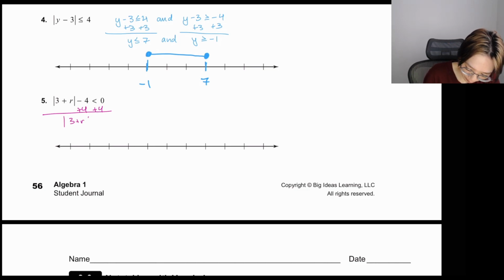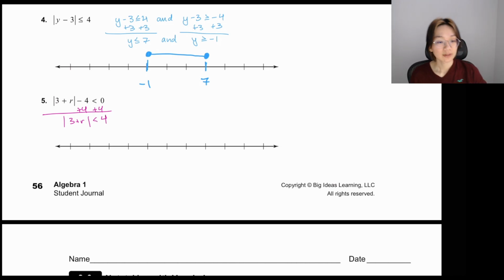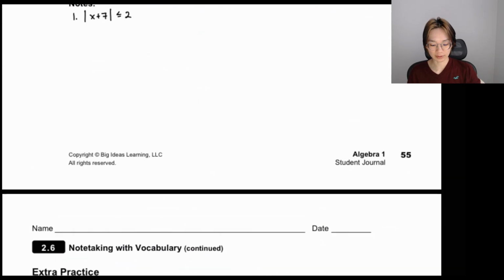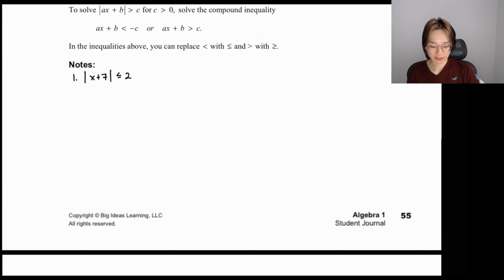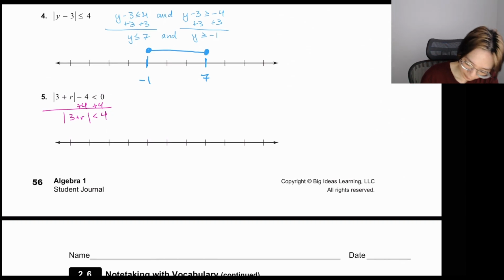Now we have the absolute value of 3 plus r is less than 4. That is possible. There are still positive numbers that are less than 4. So now from here we can split it into our compound inequality, figure out if it's "and" or "or." Absolute value is less than, over here it means "and." So we have 3 plus r less than 4 and 3 plus r greater than -4.